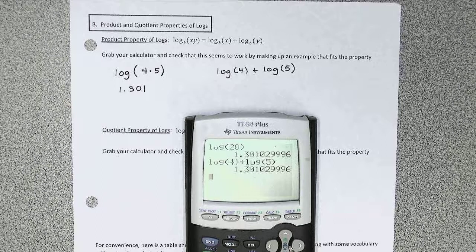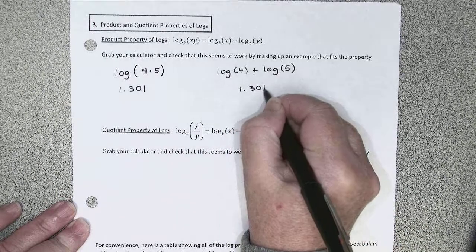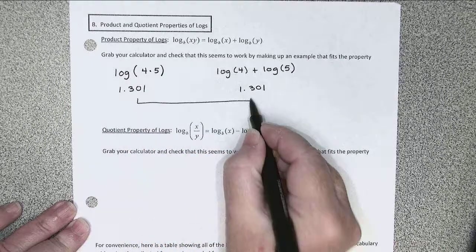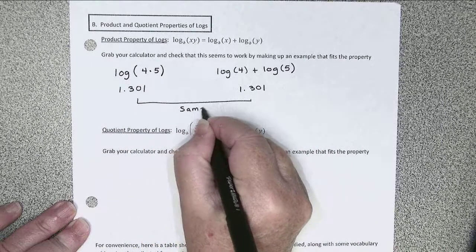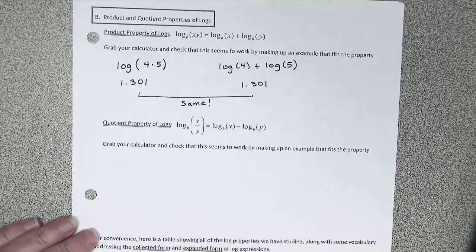And there we go, once again, right out to the very last decimal place that the calculator shows, we're getting the same result, about 1.301. So these are the same. And our product property seems to work, at least in that one case, and you could make up many more examples and show that it works every time you try it.